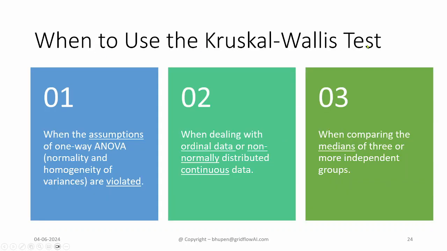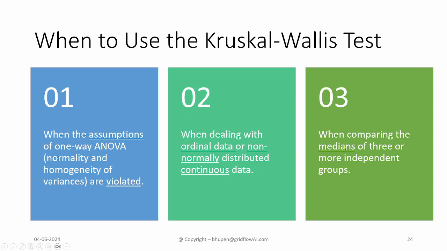So when to use Kruskal? Whenever the conditions of normality and homogeneity are violated, you have to consider some non-parametric inferential technique. And when the data is ordinal, you can use the Kruskal-Wallis as well. For standard ANOVA, we cannot use ordinal data, but with Kruskal-Wallis, we can consider even ordinal data and non-normally distributed data.